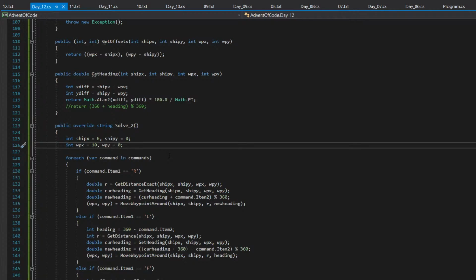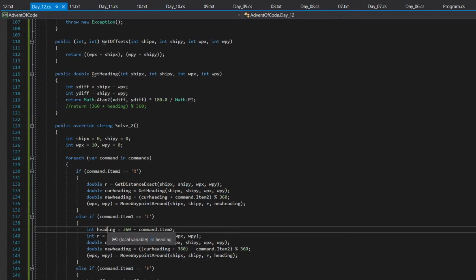So we want to move left 90 degrees, which should put the waypoint 10 units north. Oh, what's going on here? Heading equals 360.